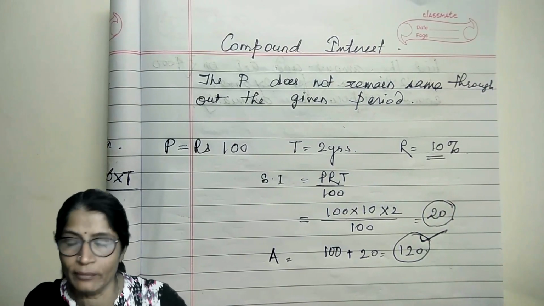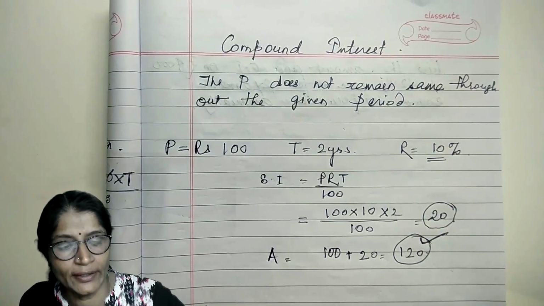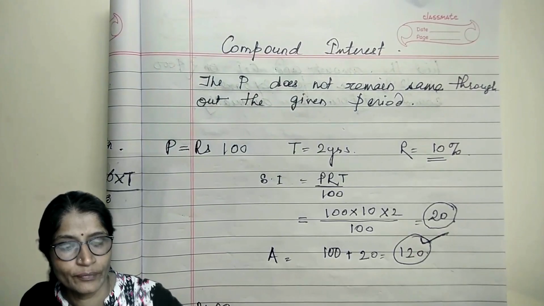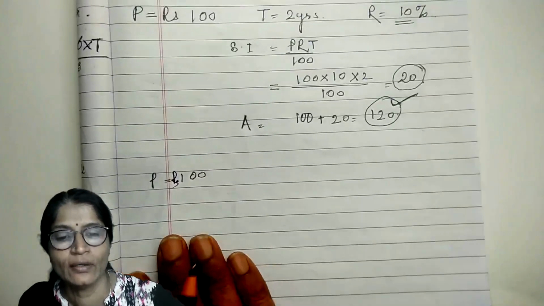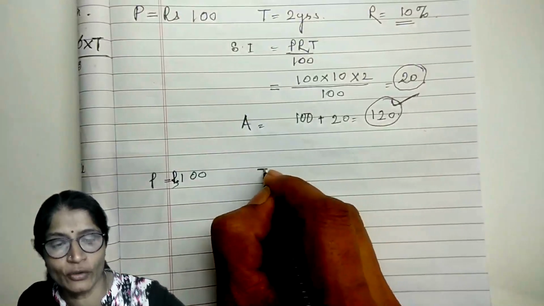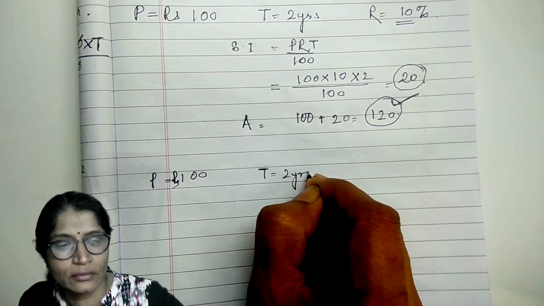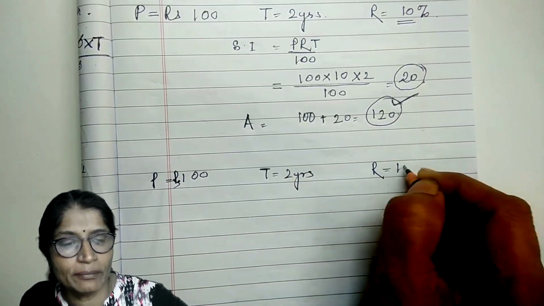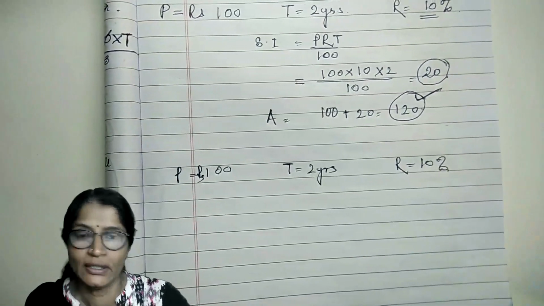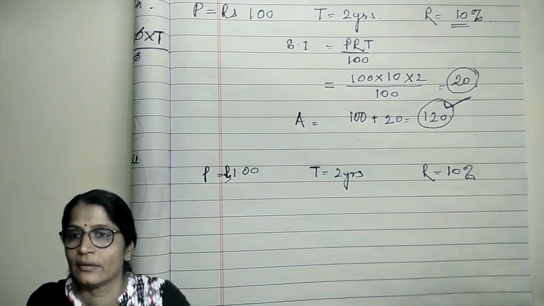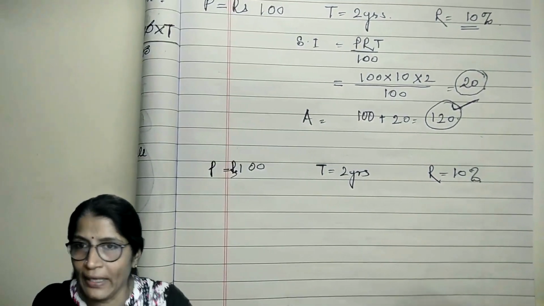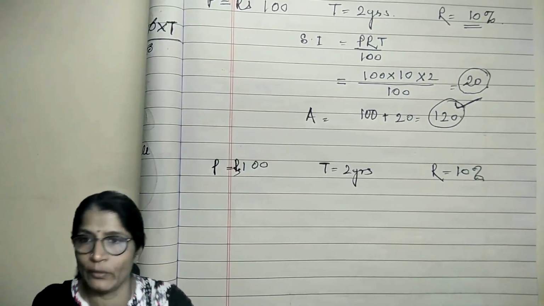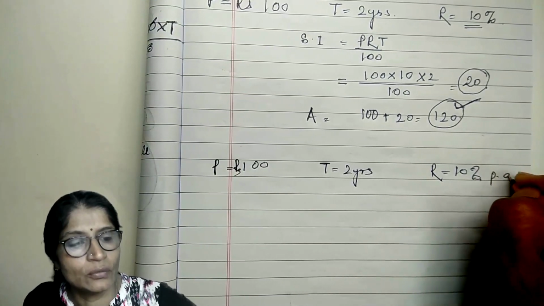But suppose the same principal, that is 100 rupees, you have borrowed from your friend for 2 years at the rate of interest 10%, but he told you that you have to return the money in terms of compound interest. So what is that?